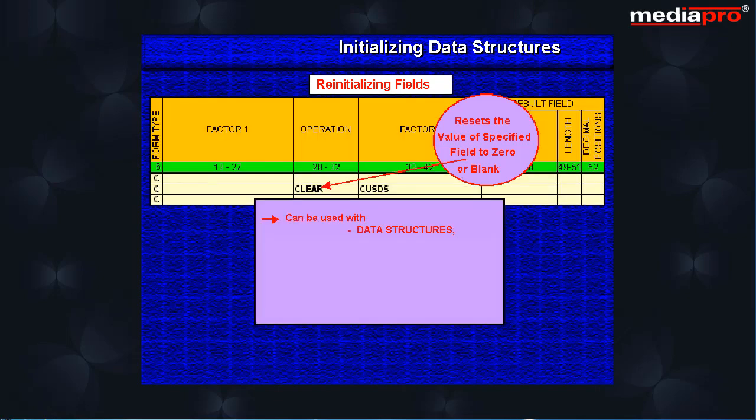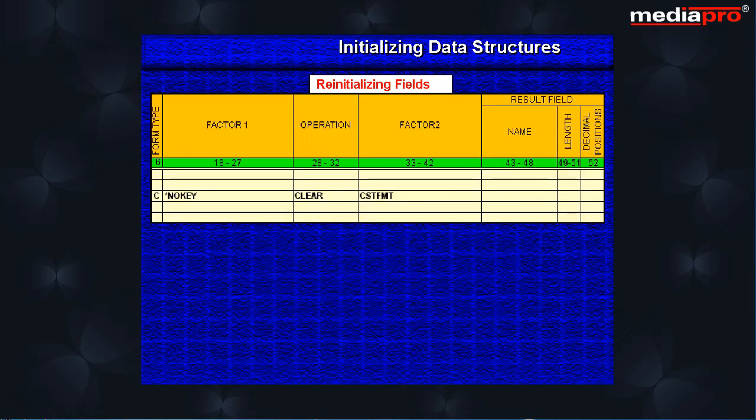The CLEAR operation is not restricted to data structures alone. It can be used with individual fields, arrays, record formats, etc. An entry is required in factor 2 that identifies the data item to be cleared. In the case of multiple occurrence data structures, only the current occurrence is cleared.